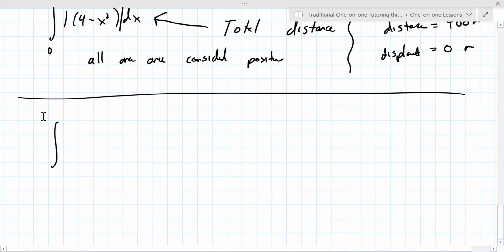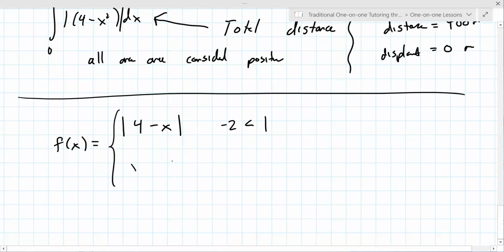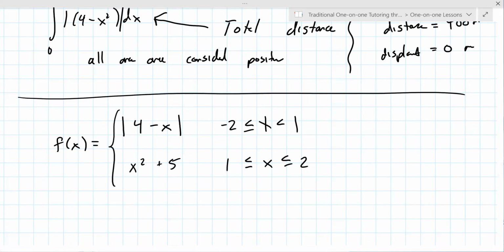Yeah, so if I give you a piecewise function, let's say f of x equals the absolute value of 4 minus x for x from -2 to 1, and then x squared plus 5 for 1 less than or equal to x less than or equal to 2. It looks like you can just use your calculator to do it.